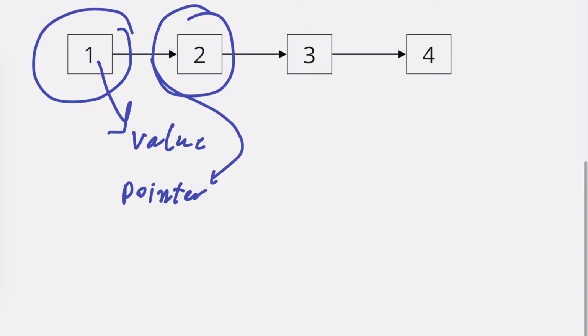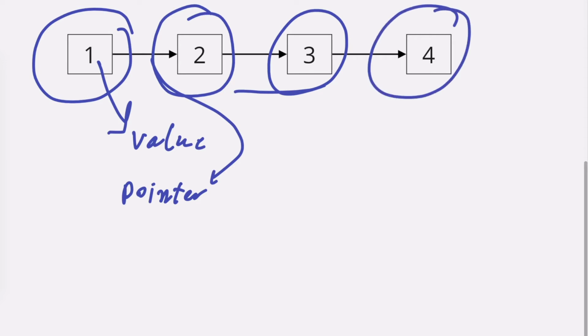The next object is 2, and 2 has another reference to 3, and then another one to 4. And at the end, 4, because it doesn't have anything after it, has nothing inside as a reference, and the pointer will be nil.